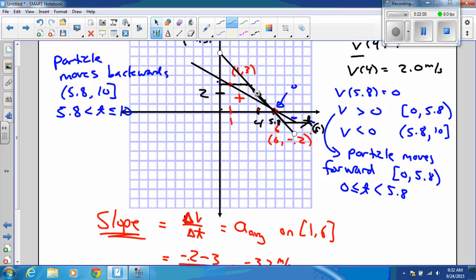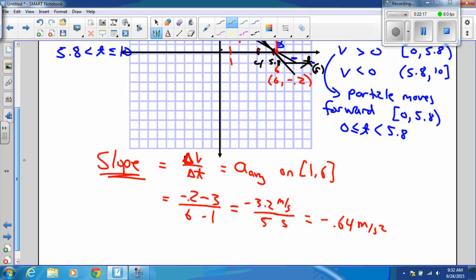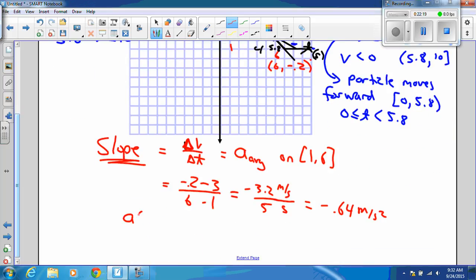And so at t equals 4, my tangent line is the curve. And so I can read the slope here. In fact, I often just do it directly on the graph. I would say the slope here has a run of about 3 and a rise of about negative 3, maybe a little bit more than that. And so I would say that the acceleration at 4 is simply negative 3 meters per second over 3 seconds, which is negative 1.0 meter per second squared.